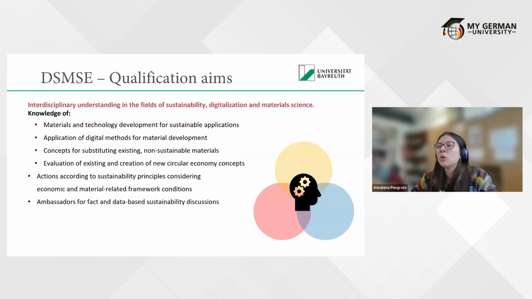What we want you to know after you study DSMSE are the following points. We want you to have an interdisciplinary understanding in the fields of sustainability, digitalization, and material science.